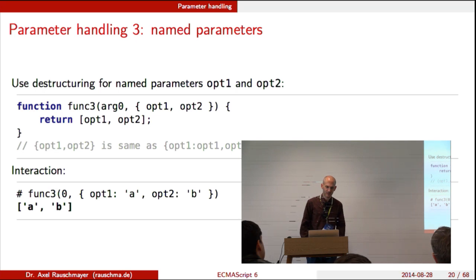And named parameters are nice because, if you look at this function call down here, you have the description in there. So a is described as being option 1, b is described as being option 2.